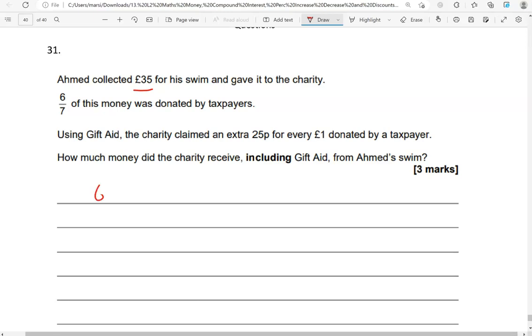So 6/7 of 35. So we'll do 35 divided by 7 times 6. 35 divided by 7 gives us 5. 5 times 6 is 30. So that is £30 that was donated by taxpayers.